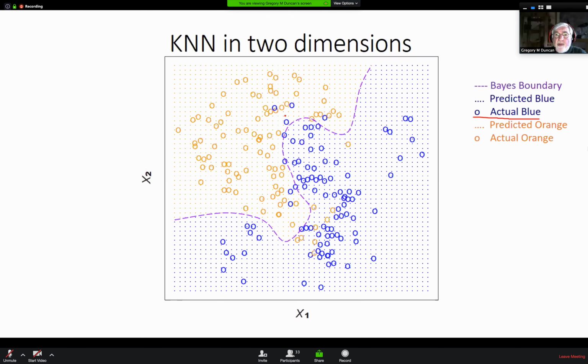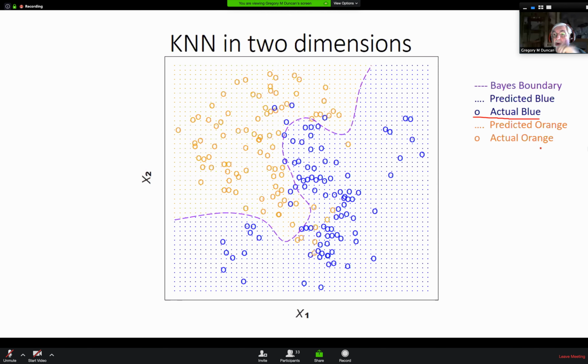Here we have these 4 observations that are misclassified. Similarly, the predicted orange is over here, the actual orange is here, and you notice that we have more actual oranges that are misclassified than we would like.